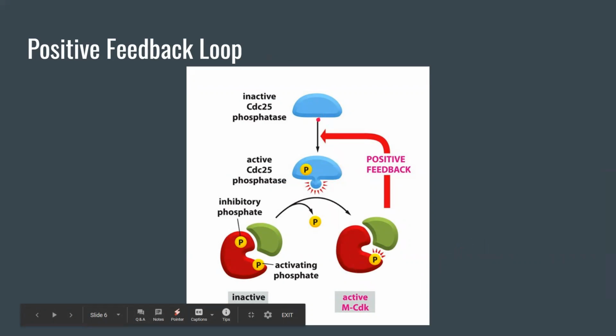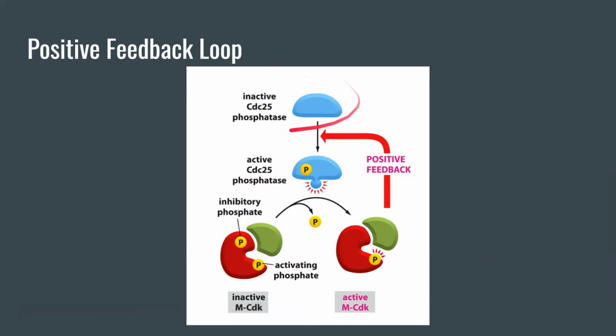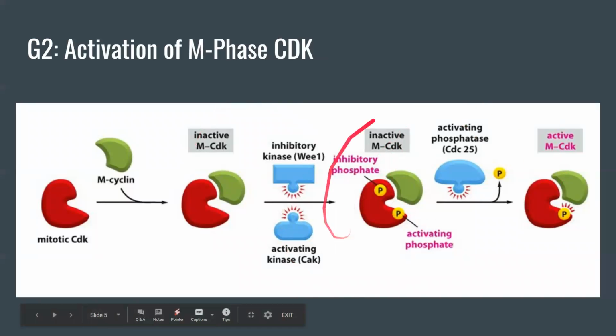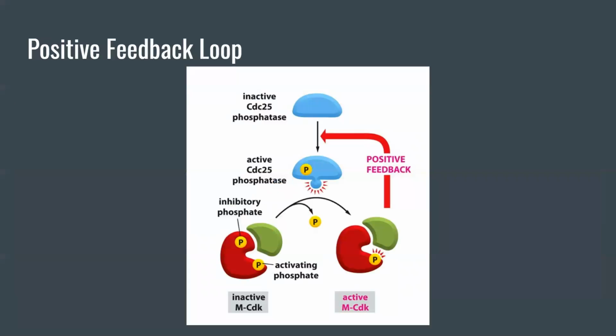So CDC25, in a pathway that we don't really need to understand for the course of this class, gets partially active. It becomes active once the cell signals that it is ready to enter M phase, but it's not fully active. The partially active CDC25 phosphatase takes off the WEE1 phosphate.